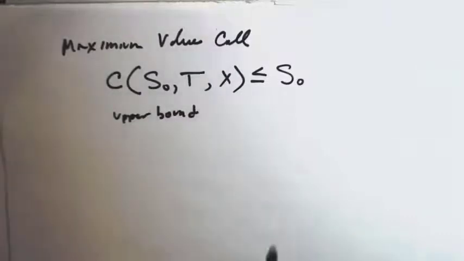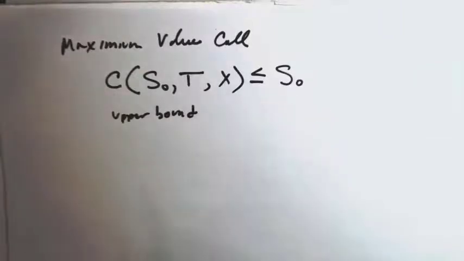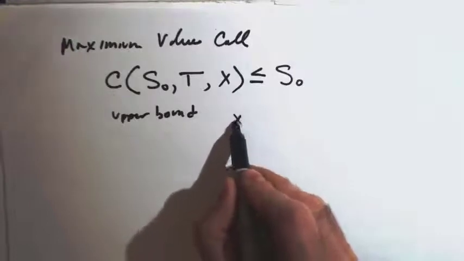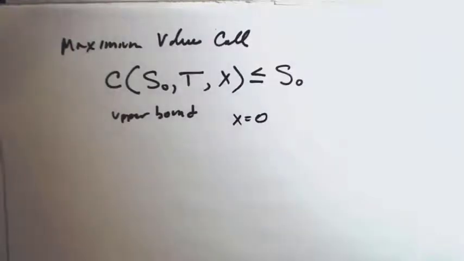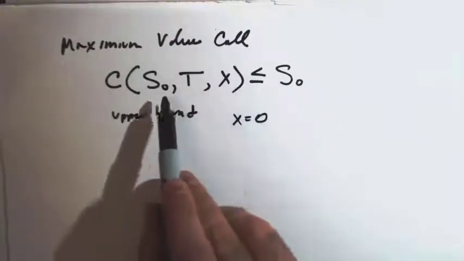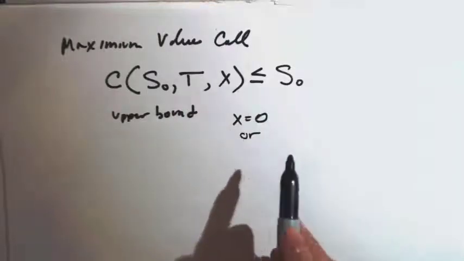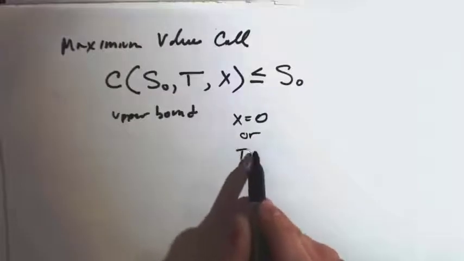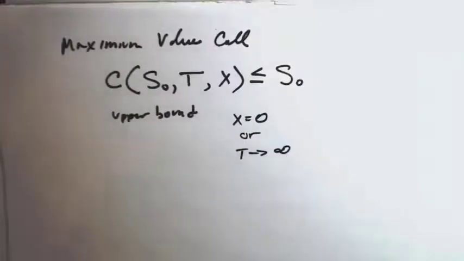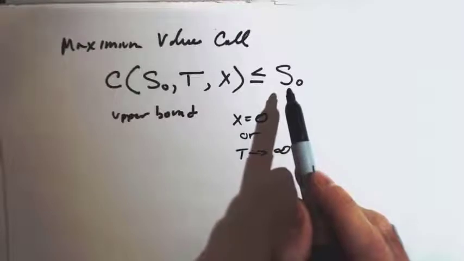This upper bound can be hit under two conditions, and we'll see this later, it's pretty cool. If X equals 0, if you have an option with a 0 strike price, then the call option is equal to the stock price. The other case would be if you let T go to infinity, so you have an option that never matures, then the value of the option is going to equal the stock price.